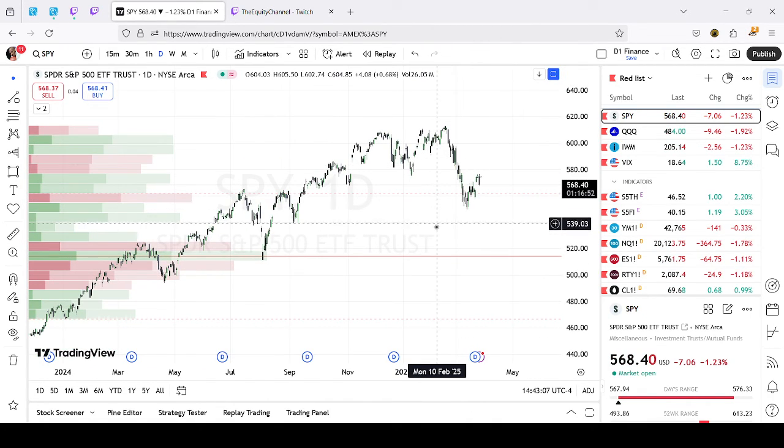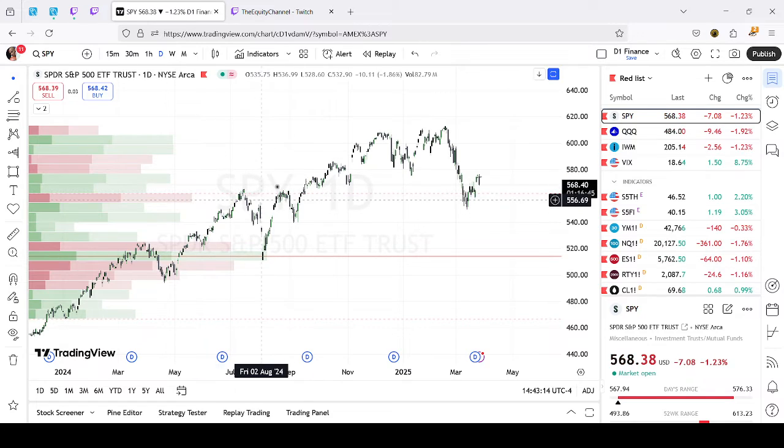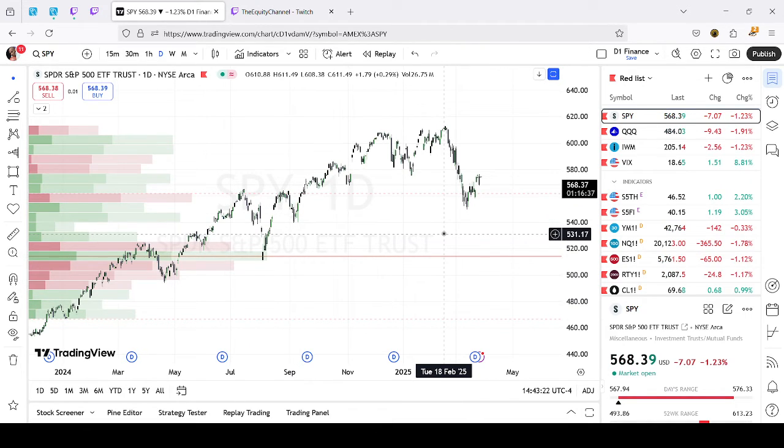Now, using the anchored volume profile, I have my value area high and low set to 70%. So 70% of the volume since January of 2024 has been between this price here around 561.80 and this price around 466.79.